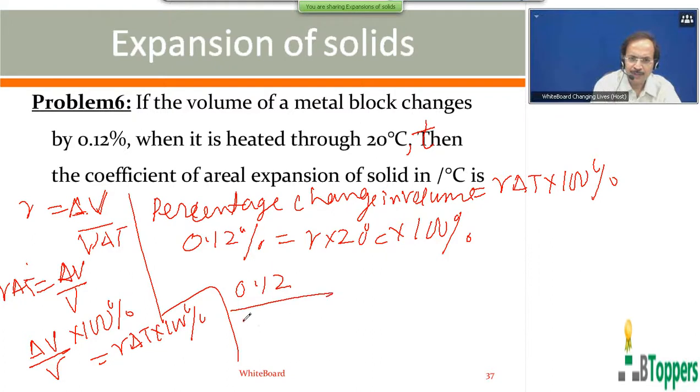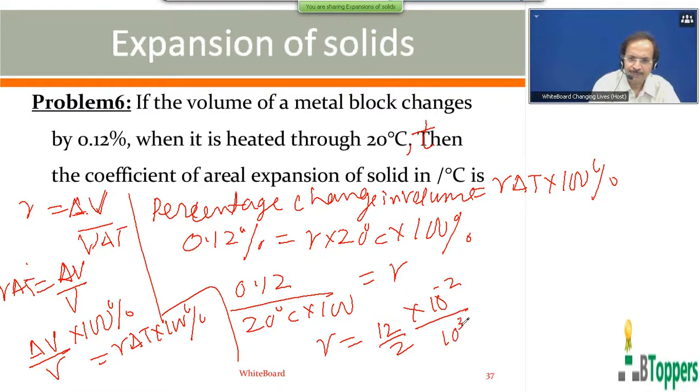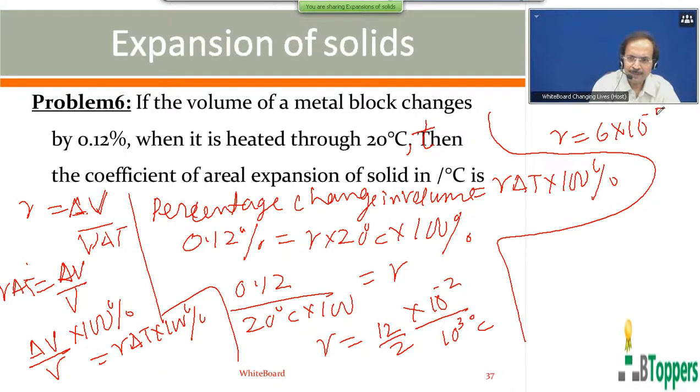So 0.12 by 20 degrees centigrade into 100. That is gamma. So gamma can be written as 12 by 2 into 10 power minus 2 by 10 cube. So gamma you get as 6 into 10 power minus 5 per degree centigrade.